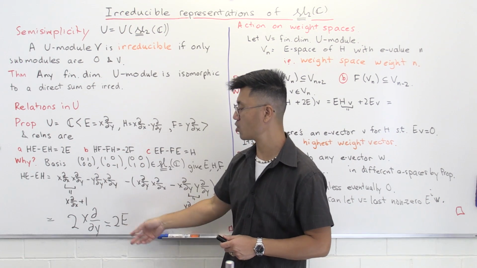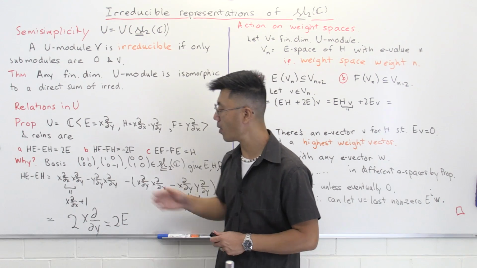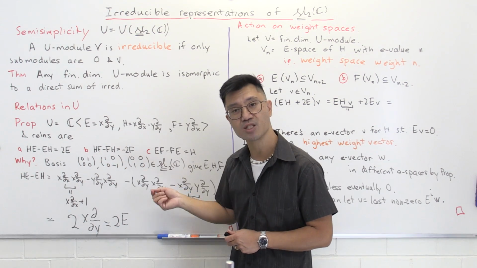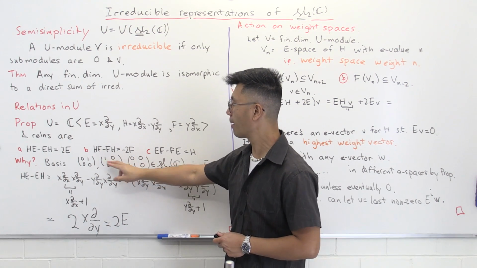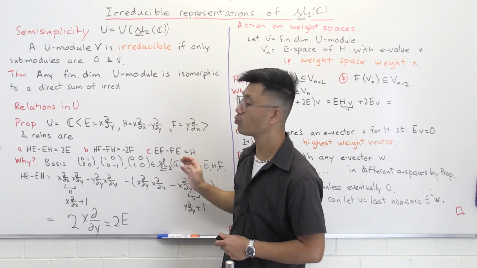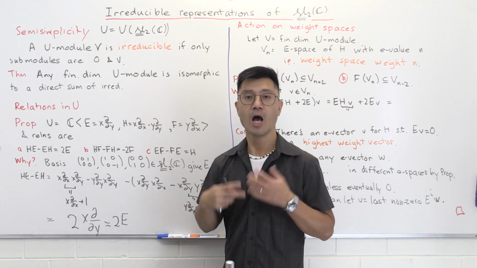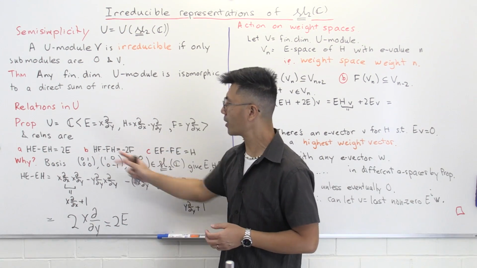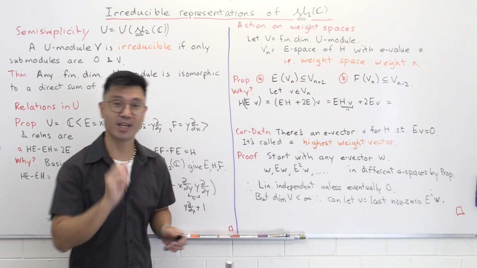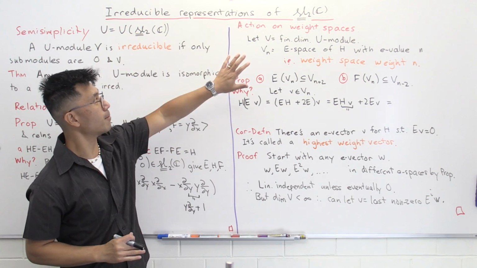A similar calculation, either using differential operators or just computing commutators of matrices, gives you the other 2 relations as well. We're going to use these, and it's quite interesting what these relations are.